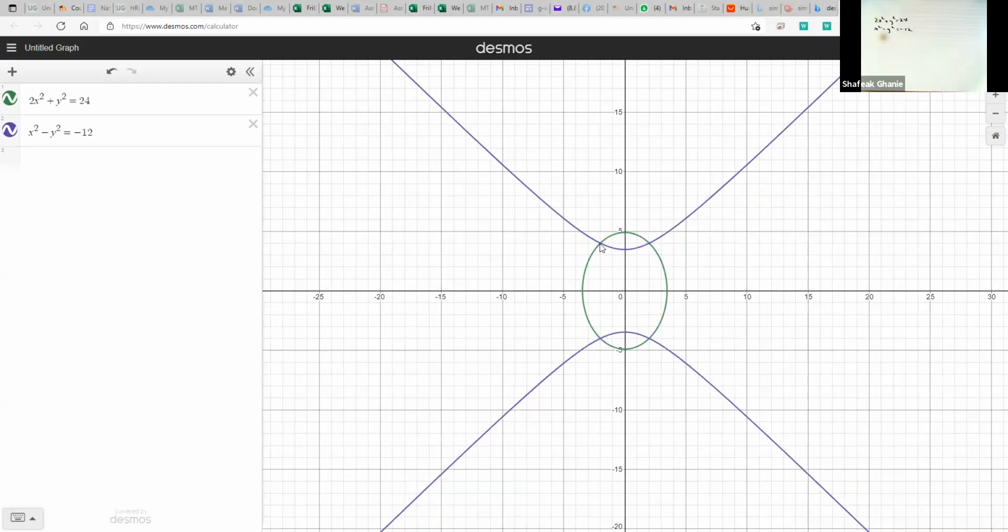So you notice that they intersect in 4 different places. They intersect here, that was one of the solutions. They intersect there, and they intersect here and there. You see the 4 intersections?